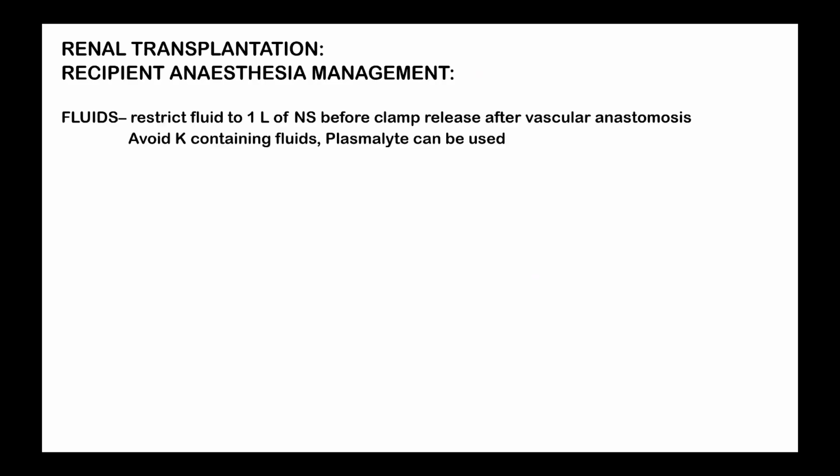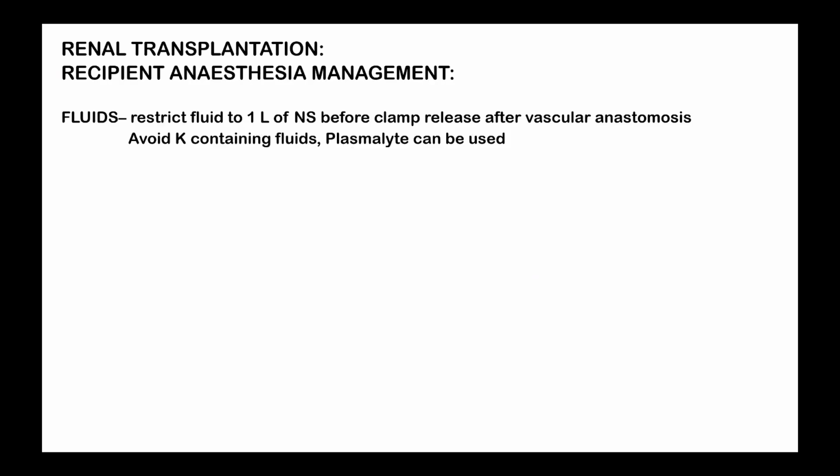And with regard to fluids for the recipient, you have to restrict it to a maximum of 1 liter before the clamp release, that is, when the anastomosis is done and clamp release is done. And preferably avoid potassium containing fluids. If the potassium value is normal before surgery, you can use Plasma-Lyte, which is recommended now.